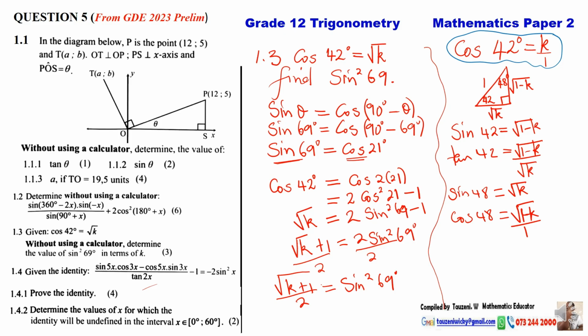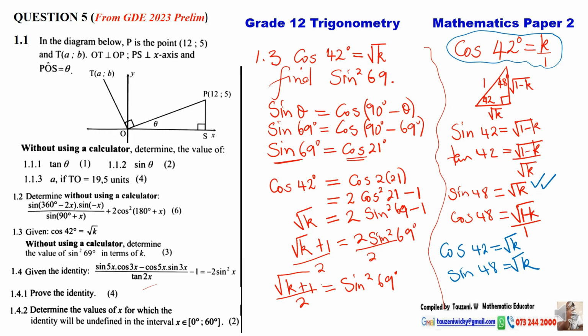Interesting as well, if you look at these expressions I've written here, the sine of 48 and the cos of 42: the cos of 42 is equal to root k, and also the sine of 48 is equal to the square root of k, because these are co-functions. They give the same value.